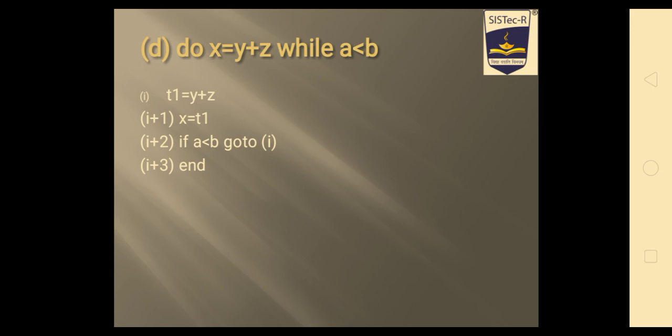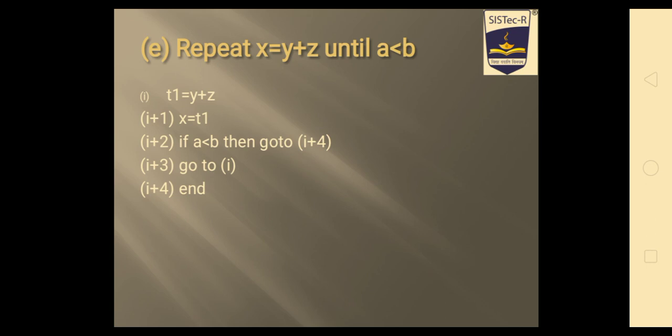Next, I plus 1, x equals T1. So the three-address code is done. Next, check the condition. So on I plus 2 you have to check the condition. If a less than b, then go to I. So the first statement is done, then check the condition. If the condition is satisfied, then you have to move to I, otherwise you have to move to I plus 3.